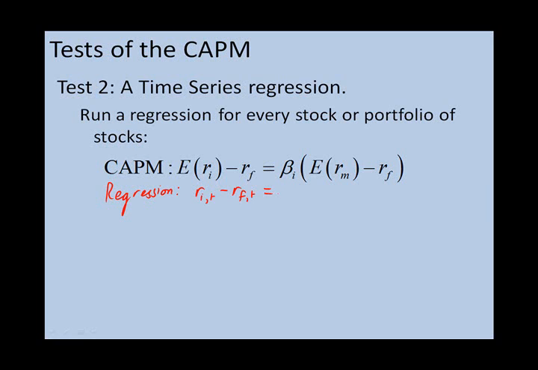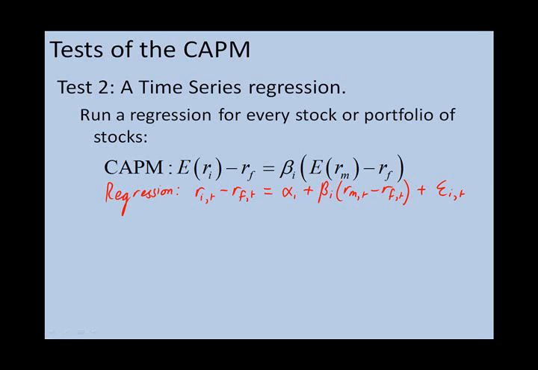And we're going to regress the excess returns in each month on an intercept called alpha plus beta times the excess returns on the market plus an error term, as always.